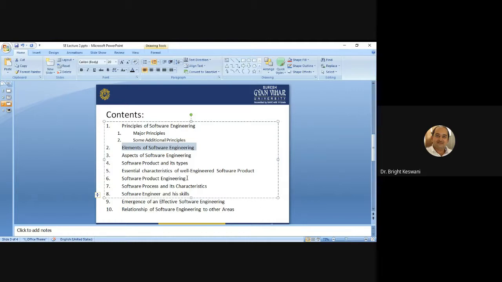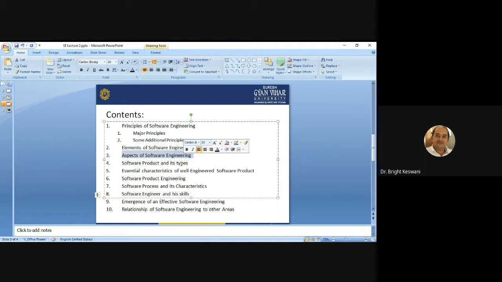The next thing is aspects of software engineering. What are the aspects of software engineering? From the software system development point of view, software design can also be viewed in terms of certain aspects. In this direction, some scientists in 1990 outlined seven aspects of software engineering. The first aspect is system specification.